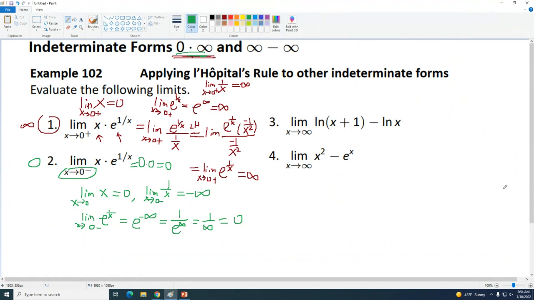Number 3, I see logarithm minus logarithm. According to the law of logarithm, you can convert that to a division, and then we can do the calculation from there. The second one is what I'm concerned about: x squared minus e to the x.